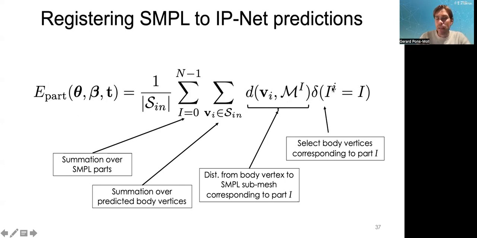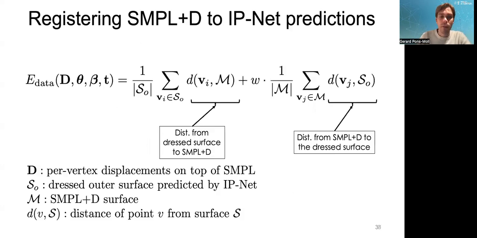And this is what this delta is indicating. It's indicating which part of the model we are matching. So for example, if you're matching the upper arm, you're only considering a matching between the upper arm of the IPNet prediction and the body model.